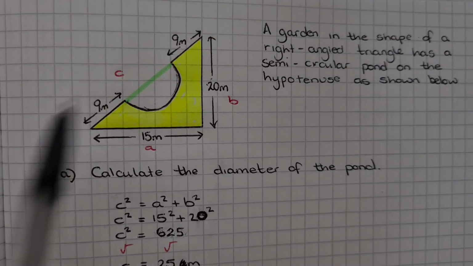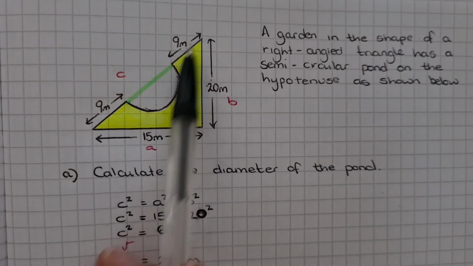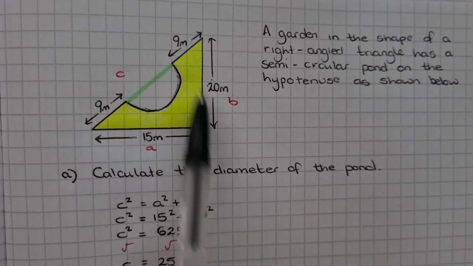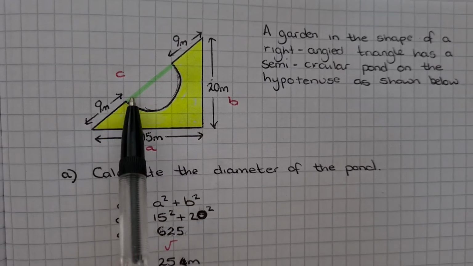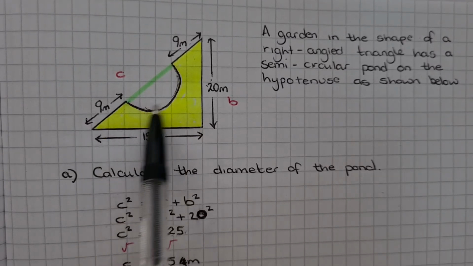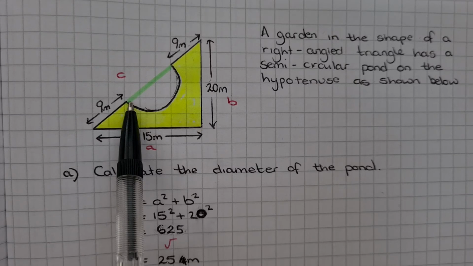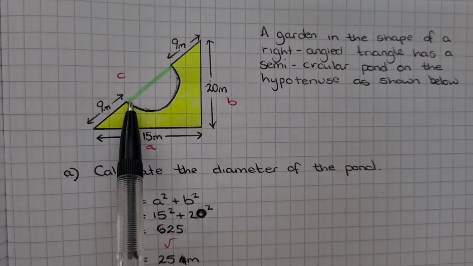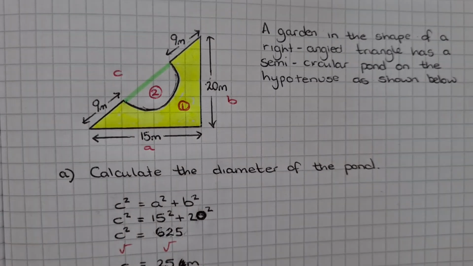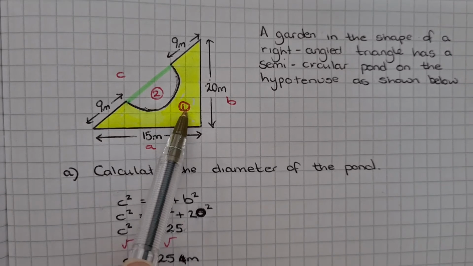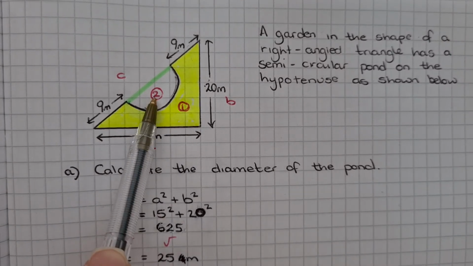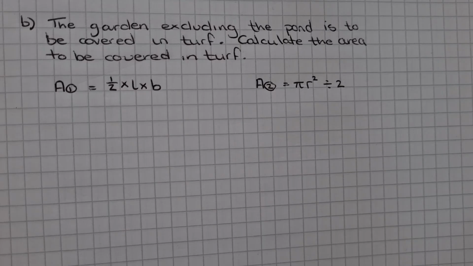So what we can do is calculate the area as if this was a full triangle, and then take away the pond. Now the pond is in the shape of a semicircle, so we would need to work out the area of the semicircle. So I'm going to call the triangle area 1 and the semicircle area 2.